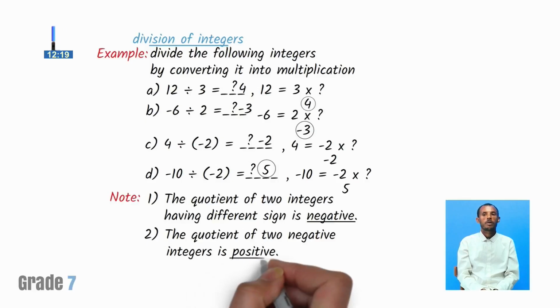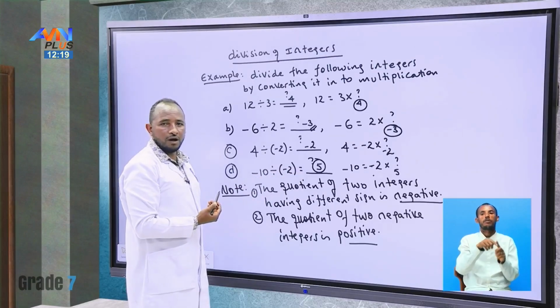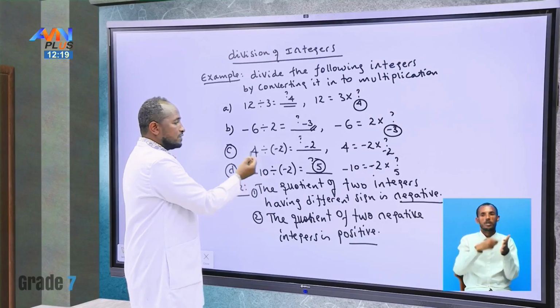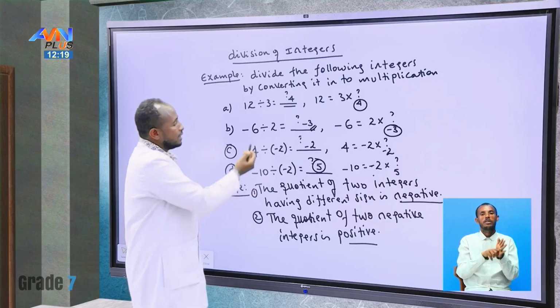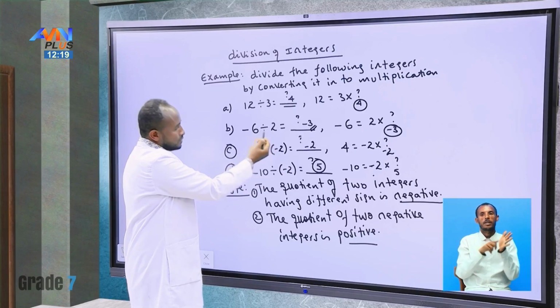As you can see here, the quotient of two negative integers, the result is positive. It is positive 5. Here you can see that the quotient of two integers having different sign, one is positive, the other is negative, the quotient is negative.